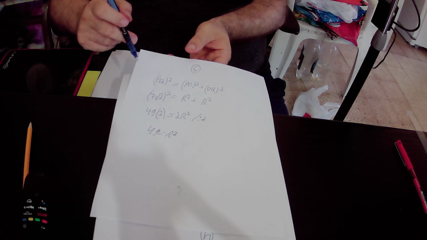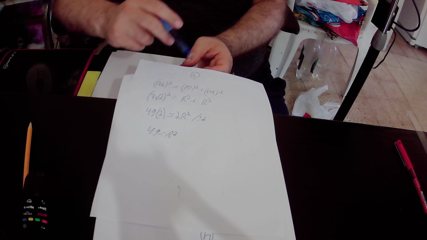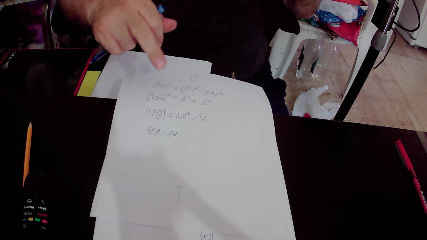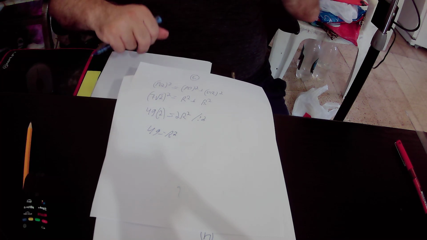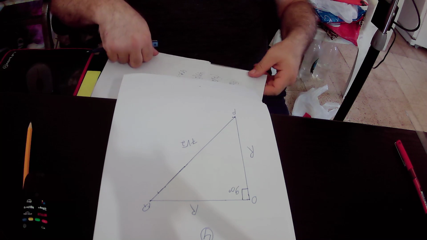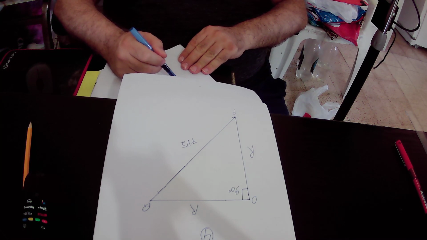So after we divided the equation by 2, we got that 49 equals to R square. Now we will take a root out of the equation, and then we will get that 7 equals to R.